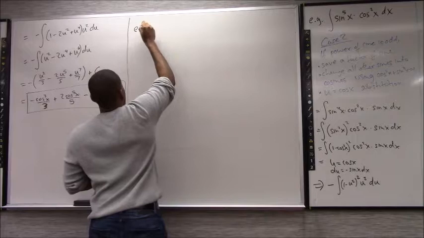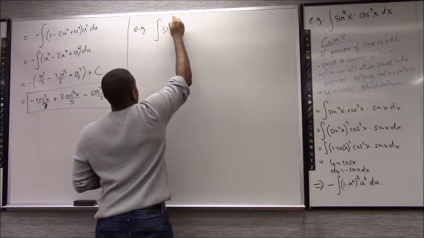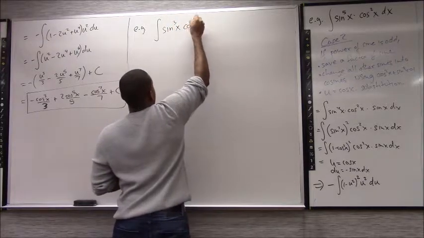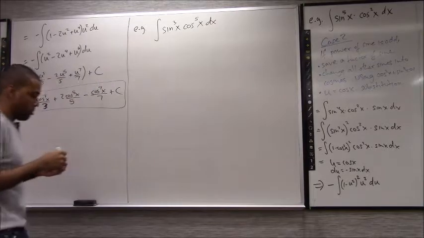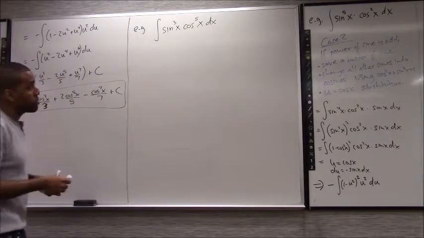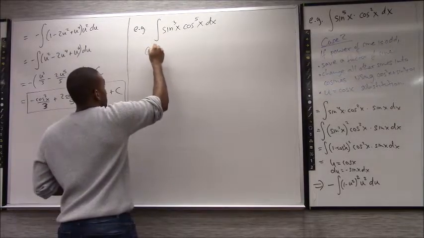Another example, say I had sine cubed cosine to the 5th. This is case 3.